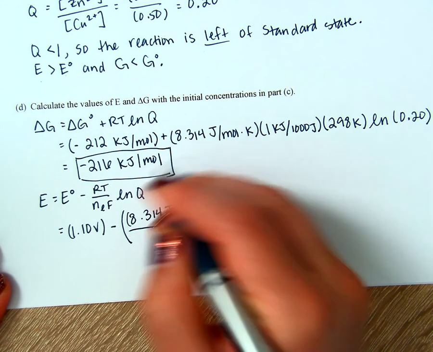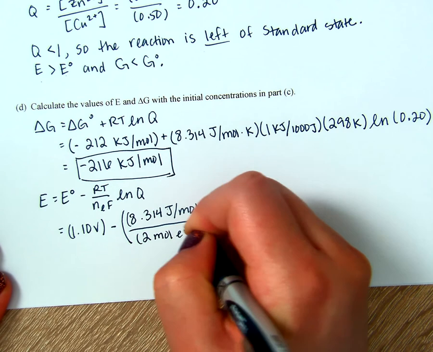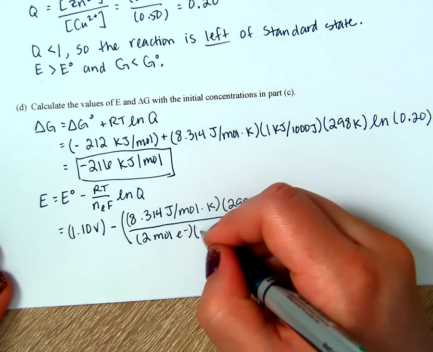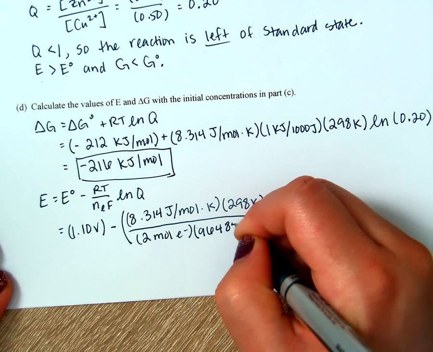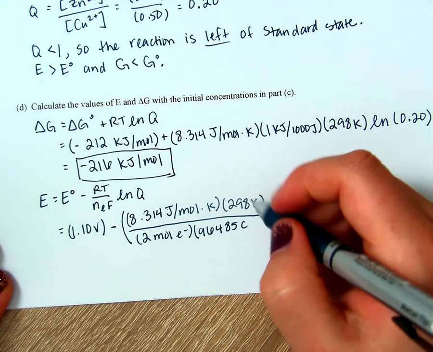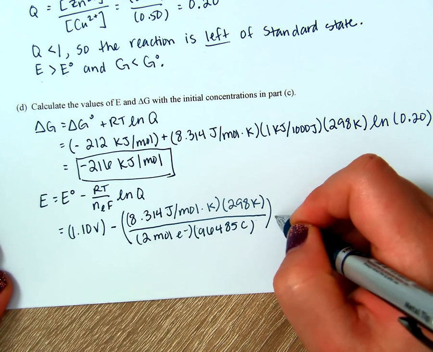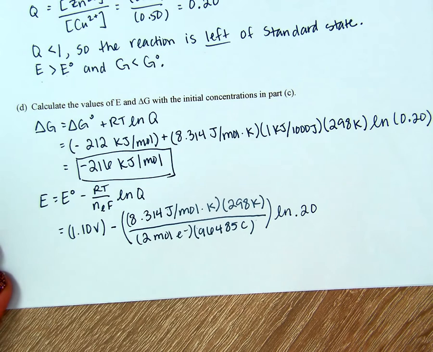My number of moles of electrons hasn't changed, same reaction, so 2 moles of electrons times Faraday's constant, 96,485 coulombs, times the natural log of 0.20, because of course we figured out our Q already before.